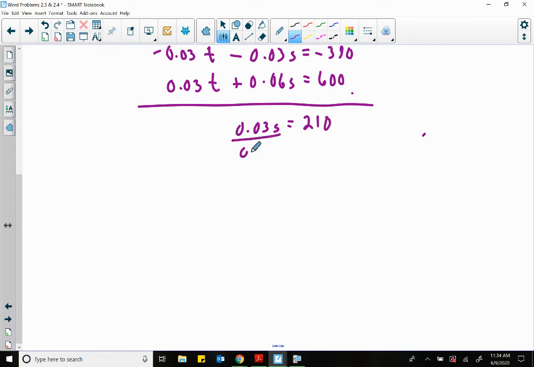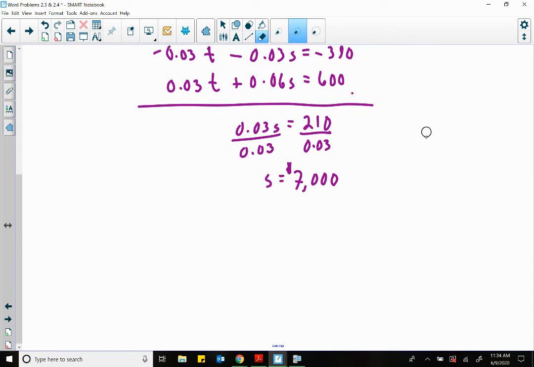Divide by 0.03. So S is equal to 7,000. So we invested $7,000 at 6%.